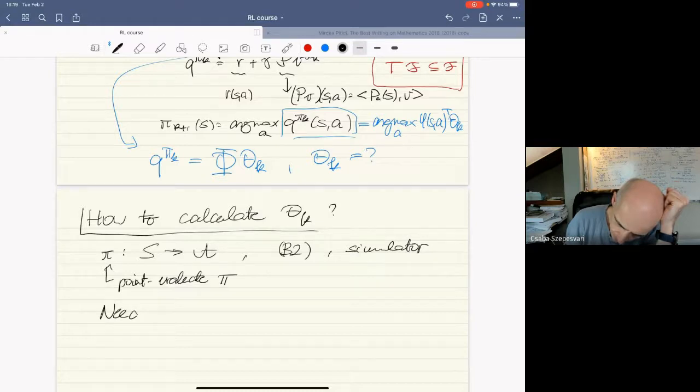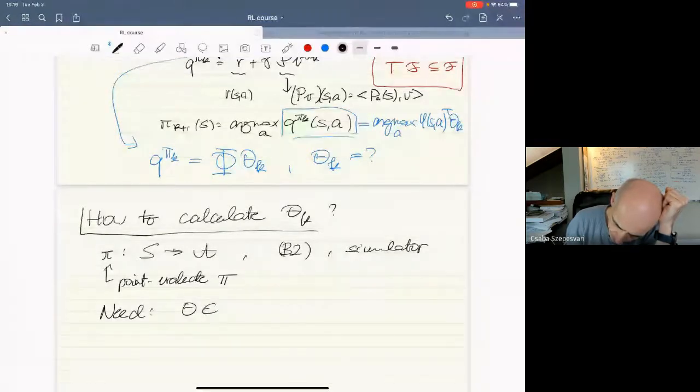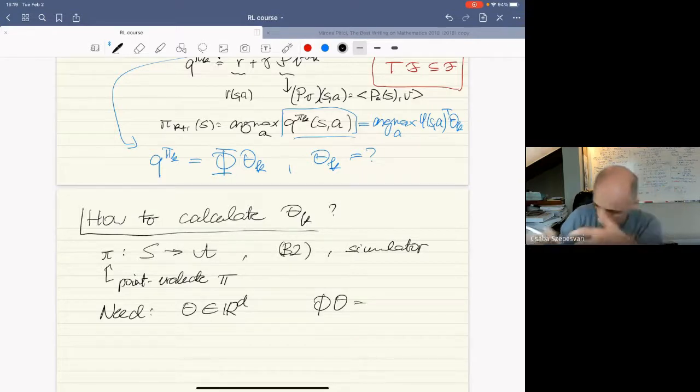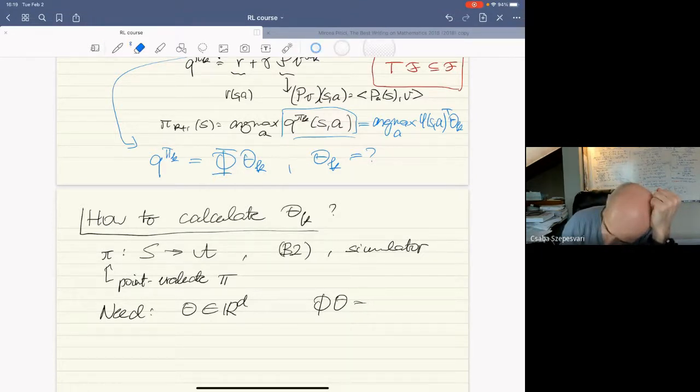We need to calculate this parameter vector, this d-dimensional parameter vector, such that this parameter vector combined with the basis functions gives you the action value function of this policy.